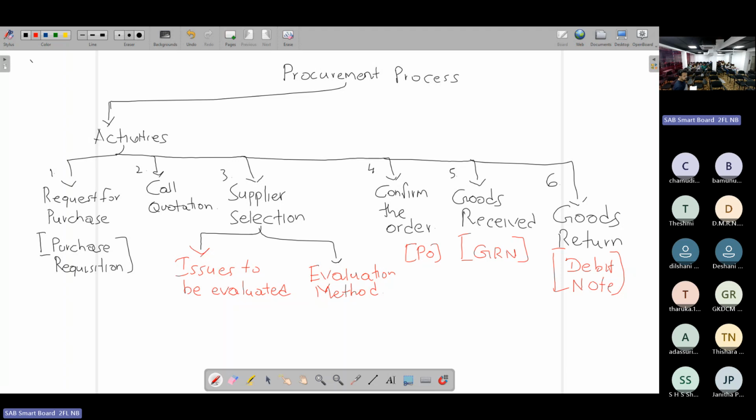Goods return, debit note. Just note it down. I will raise and rest of this I will write on a fresh page. Shall I raise?